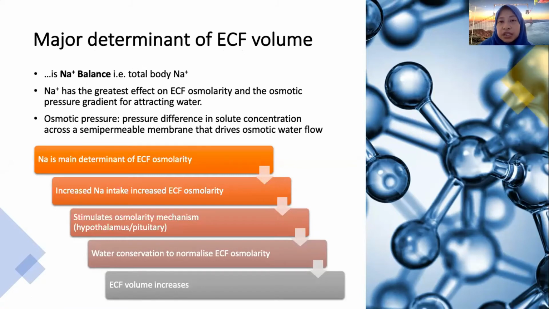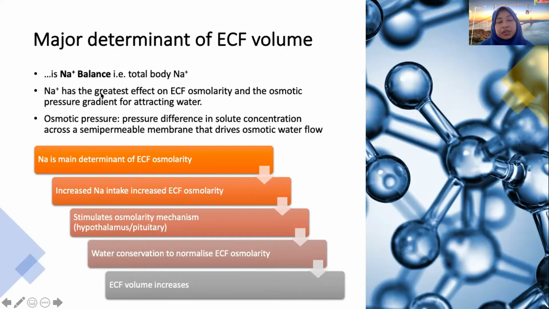The sodium concentration determines the ECF osmolarity, but the sodium balance or the total body sodium determines the ECF volume. Why? Because apart from having the greatest effect on the ECF osmolarity, sodium also exerts the highest osmotic pressure gradient to attract water.